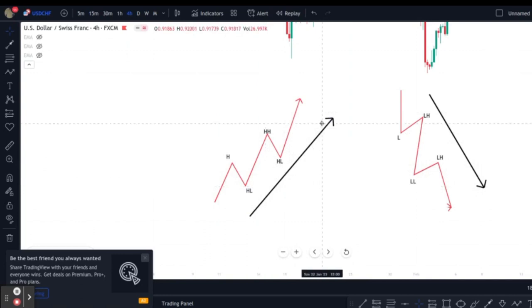You understand? You will make money if you buy rather than sell. And if you see a market like this, that means the other currency is stronger than the base currency. So you just have to sell to follow the trend.